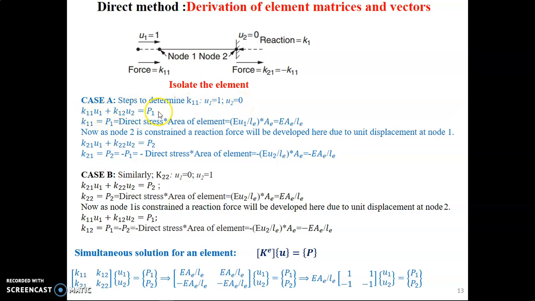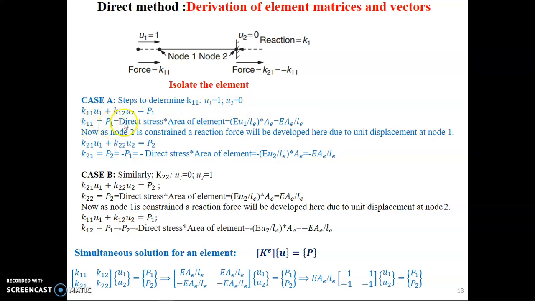So by the first equation we will be having these expressions. Now substituting K11, U1 equal to 1 and U2 equal to 0 in this expression, we will get K11 is equal to P1.